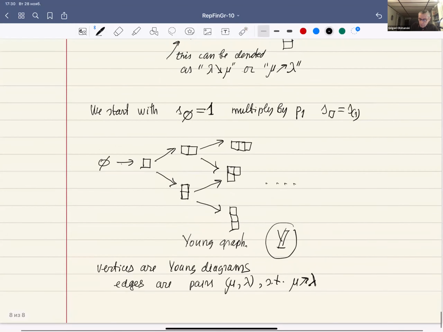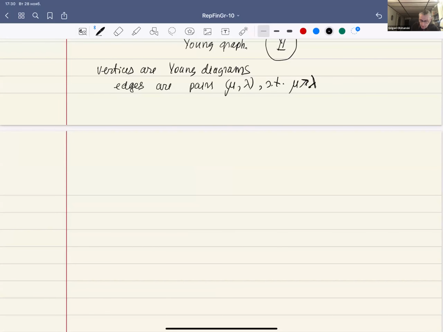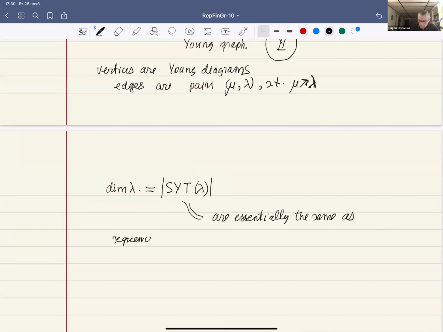So we get the dimension, which is by definition the number of standard Young tableaux, which are essentially the same as sequences of such type which end at lambda.